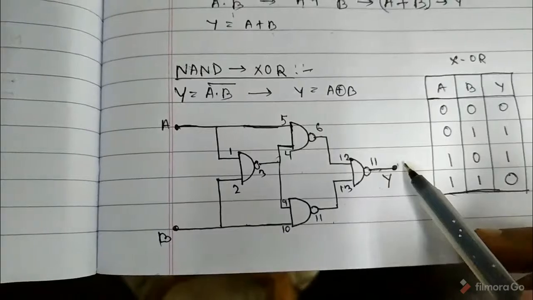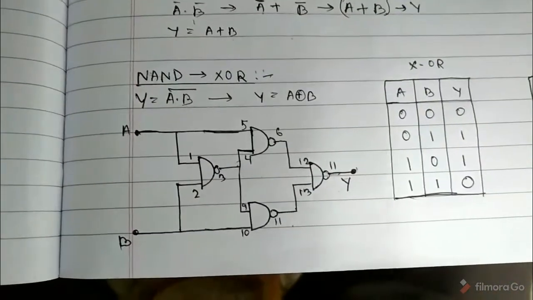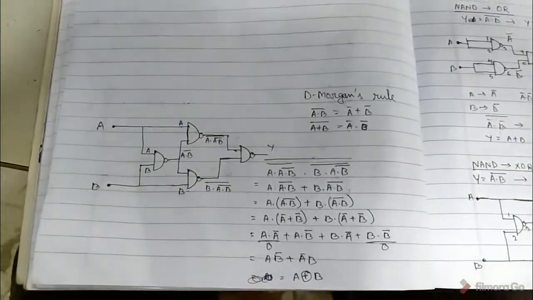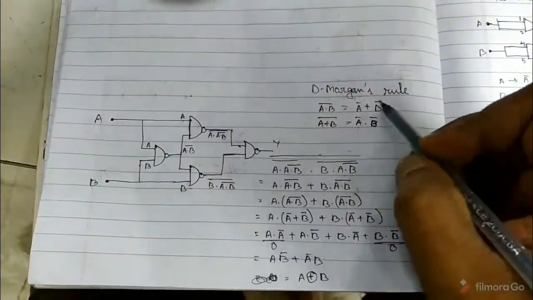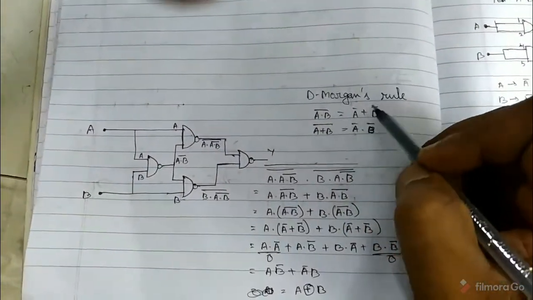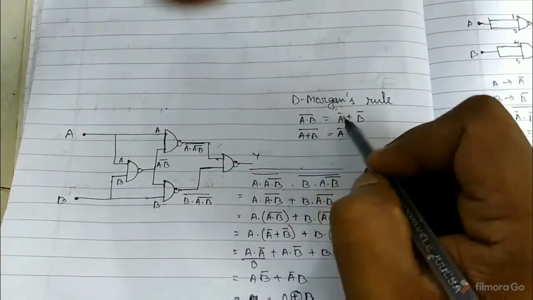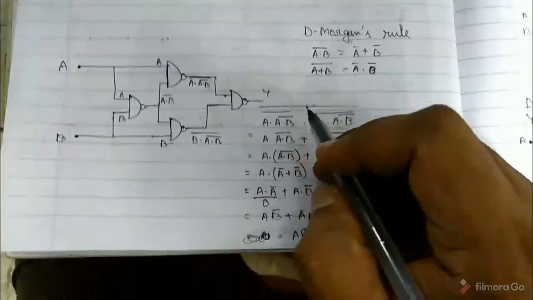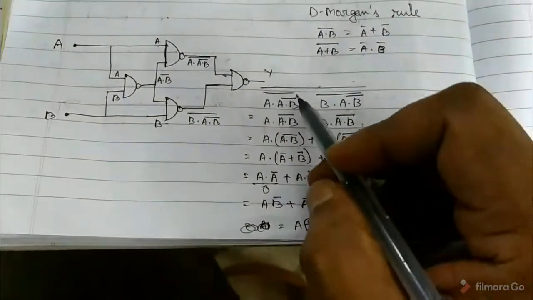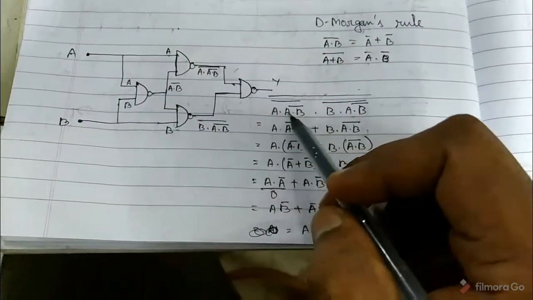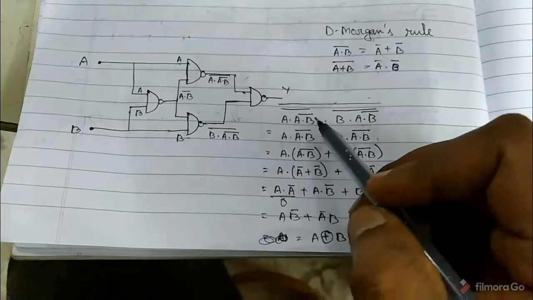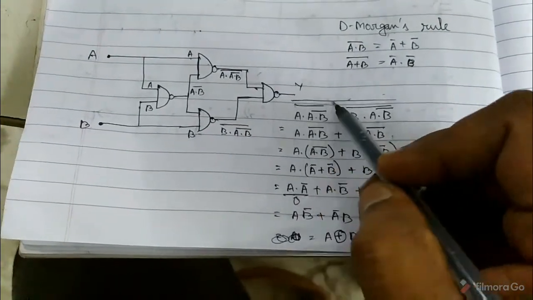So finally we will be getting the output from 11, and this is the equation of the XOR gate. This is De Morgan's theorem, you know that: (A dot B) bar is equal to A bar plus B bar. So the final equation is (A dot B) bar whole bar.